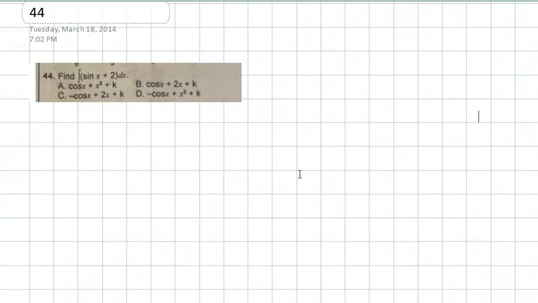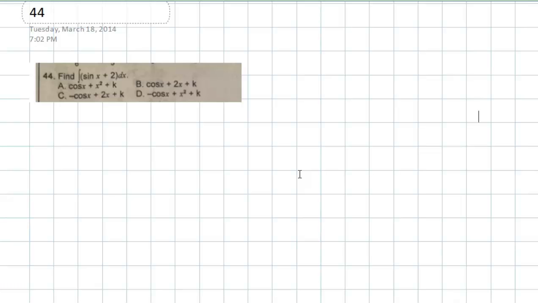Question 44 says to find the integral of sine of x plus 2x dx. So what we have to do is basically, remember, it's like taking the antiderivative. So what did we have to take the derivative of to reach sine of x?